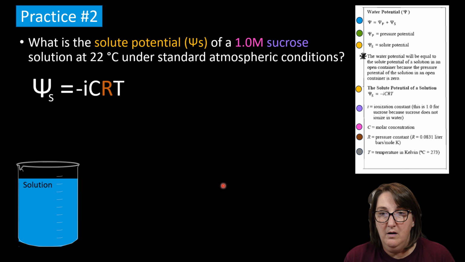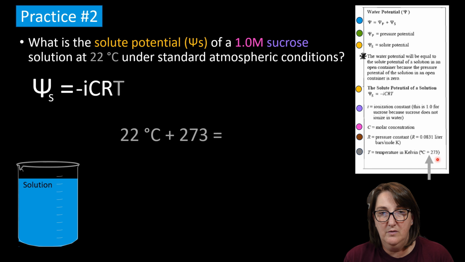I look at R. R right here is my pressure constant, so this is the number that I will always use for R. This is going to be a constant number. Then I have temperature. This is going to be 22 degrees Celsius, but remember, I can't just use this. I have to add 273. So I'm going to take 22 plus 273, add those together, and that's going to give me 295 kelvins.